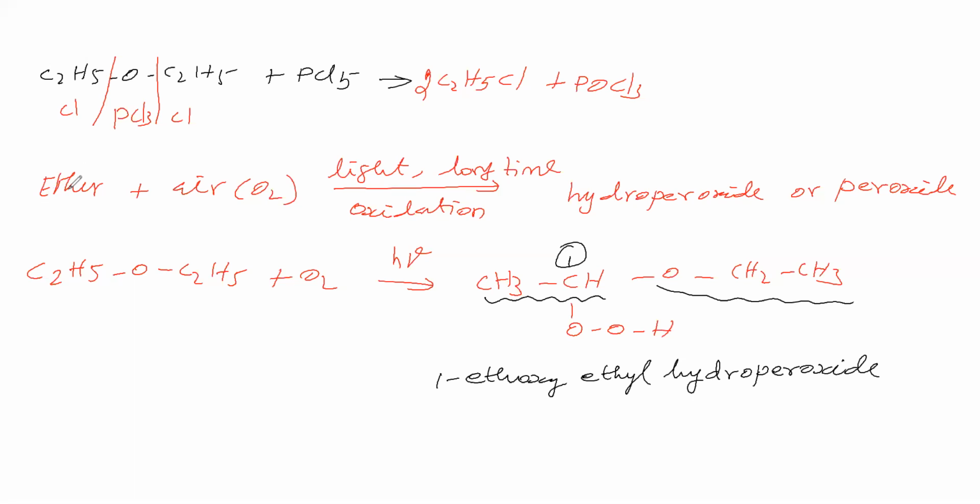In many chemical reactions ether is a solvent, and in many separations of mixtures, ether is used as a solvent, as a separating liquid. Therefore, we are using ether in many cases. But what is the drawback? This ether with atmospheric oxygen and light becomes hydroperoxide.